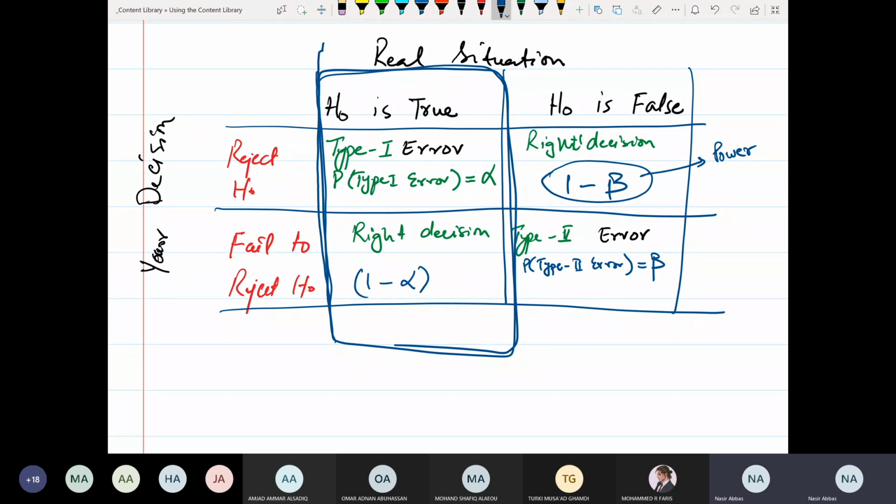Because as a judge, it needs a lot of guts to call a criminal a criminal. That is why 1 minus beta is sometimes called the power of the test. When H naught is false, it really needs a lot of power to say that it is false.